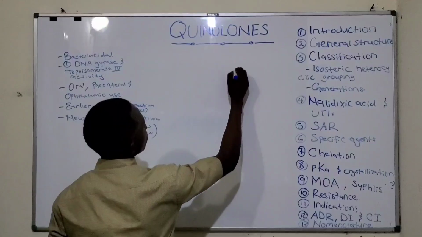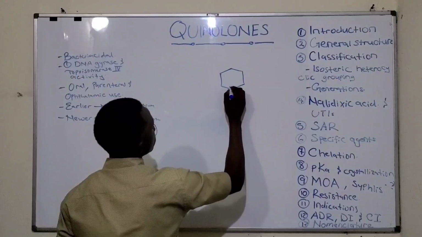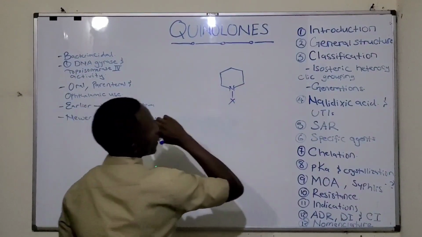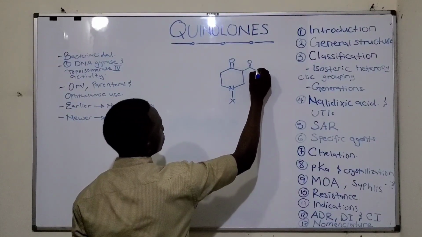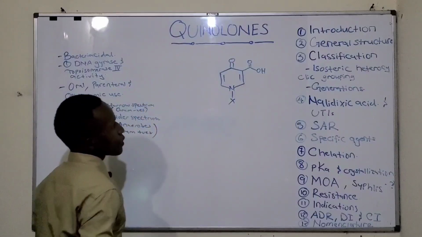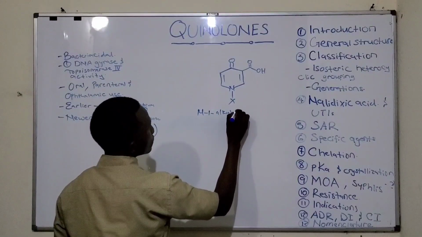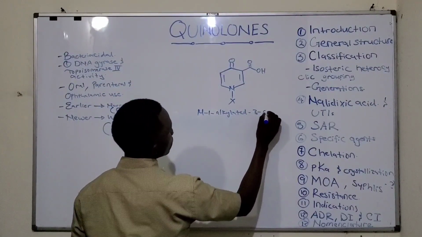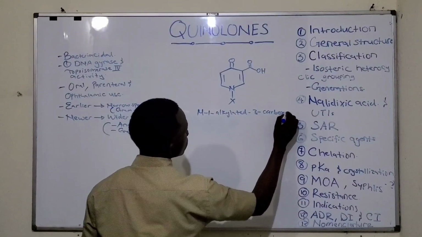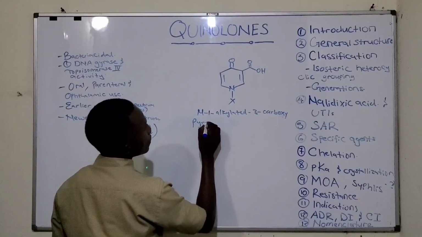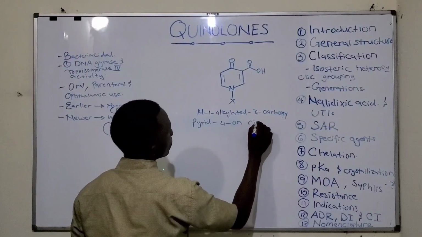About the general structure, they all have this ring, which is the N1 alkylated 3-carboxy pyrid-4-one moiety or ring.